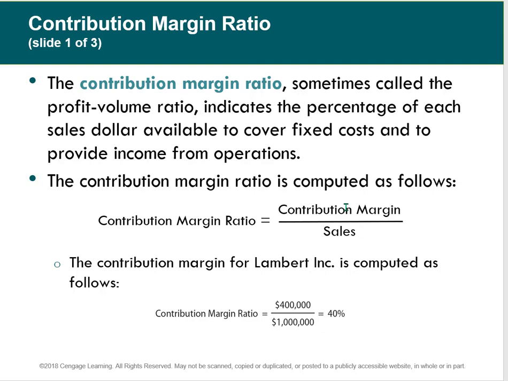Contribution margin divided by sales gives me 40%. So we can say that 40 cents of every dollar goes to covering fixed costs. What's good about this is you can compare this to other industries, or to your company in earlier years. Once you've got a ratio, it's easier to work with, especially when you're trying to compare things, like maybe to the industry. What does the industry do here?